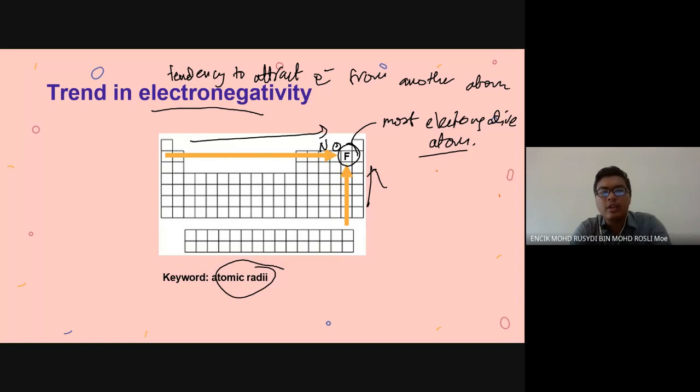Yang lagi satu tu, isoelectronic species tu, kan dia ada ion. Kita ada magnesium ion, kita ada sodium ion, kita ada apa lagi? Yang ion-ion tu lah. Okay. So that's yang itu kita explain dari segi ZEF because diorang ada same electronic configuration but they have different proton number. So proton number tu kita consider as effective, kita explain lagi based on effective nuclear charge.